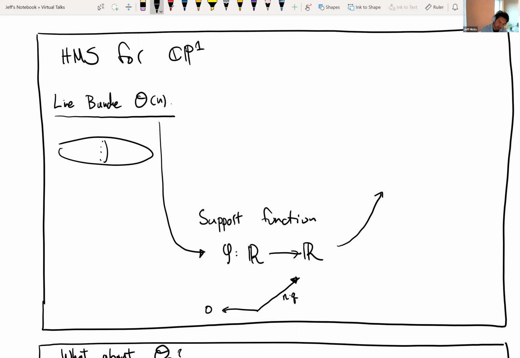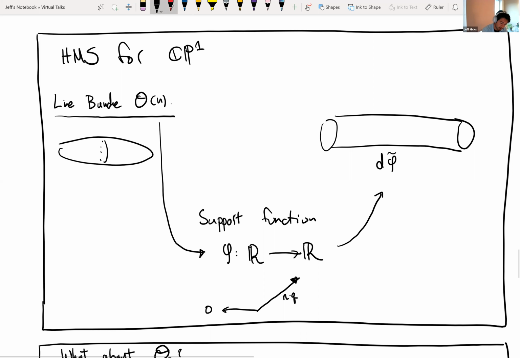And then from the data of the support function, I can build a Lagrangian, which is roughly taken by taking the exterior derivative of that support function, thinking of it as a section of T star Q, and drawing it down.